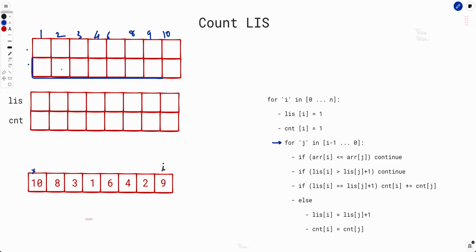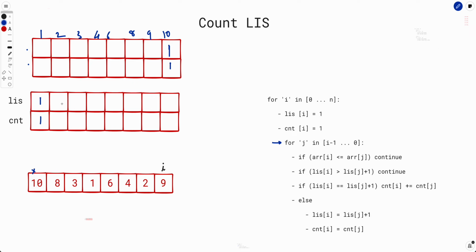So currently everything is 0, so you will get 1 and 1 here, right? What this means is that the longest increasing subsequence ending at index 0 is 1, and there is only one such subsequence, which is of length 1, right? Similarly, after this, you will update the 10 as well, right?